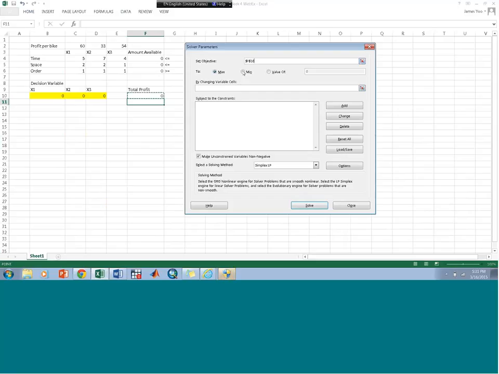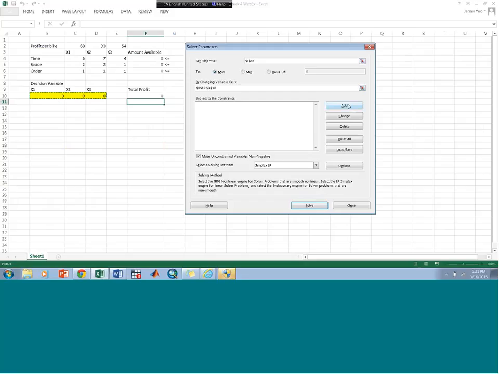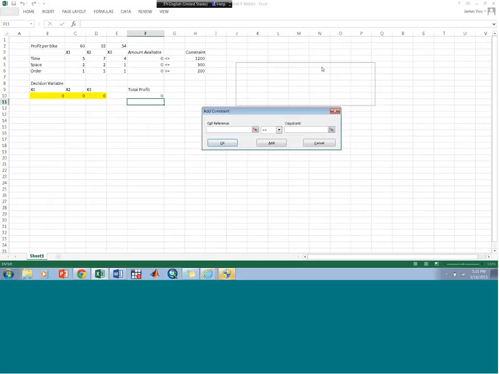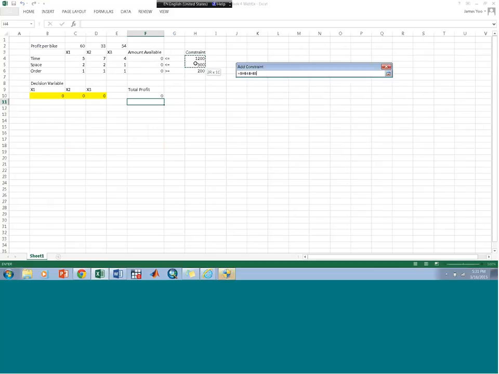You want to maximize this. The decision variables should be the yellow cells. Now add constraints, which are your time and space constraints should be less than or equal to 1200 hours and 500 square feet. So it should go here.